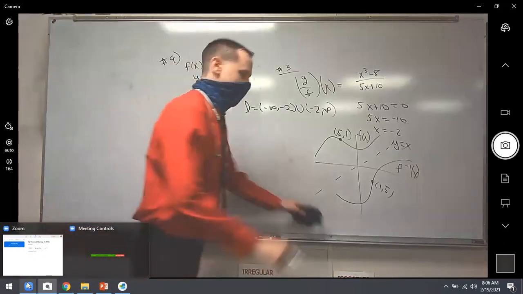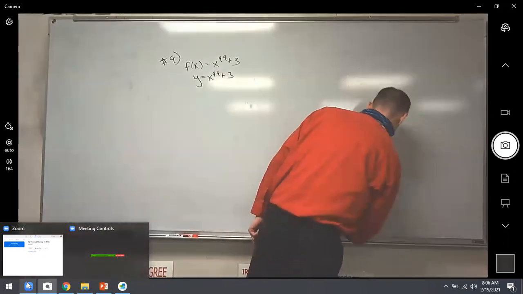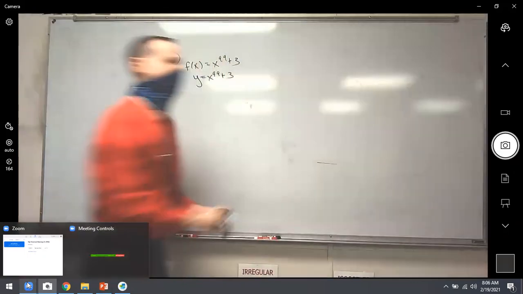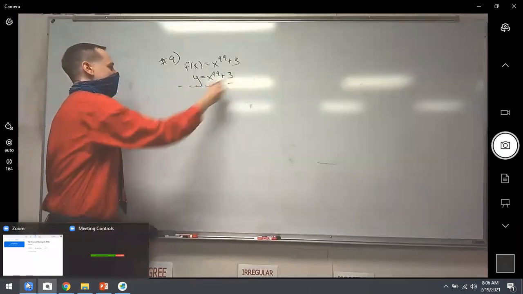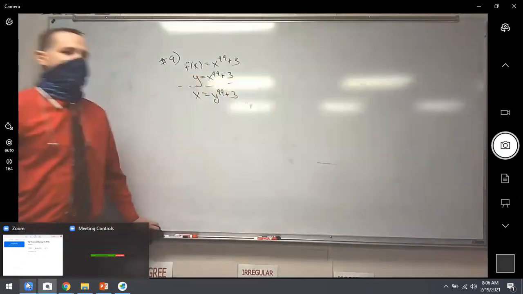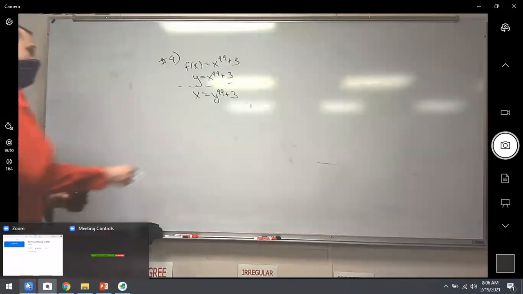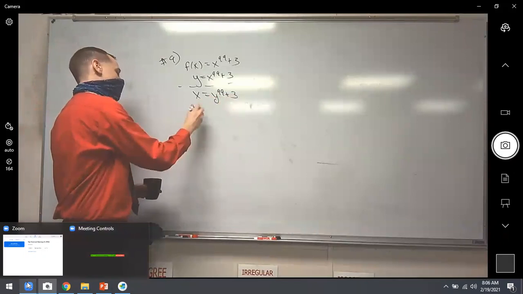So I did that. The only reason we're doing that is so I can switch our x's and our y's right there, which is exactly what we're going to do next. So this is still the original function, but as soon as you change all the letters around, now it's the inverse. And my job is to solve for y. Don't let the 99 scare you. Let's get this thing by itself. How about we subtract the 3?